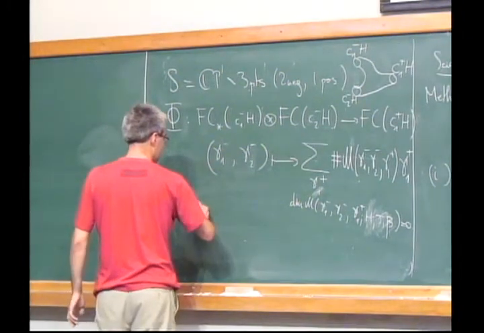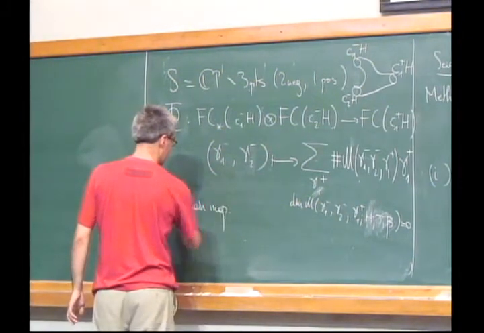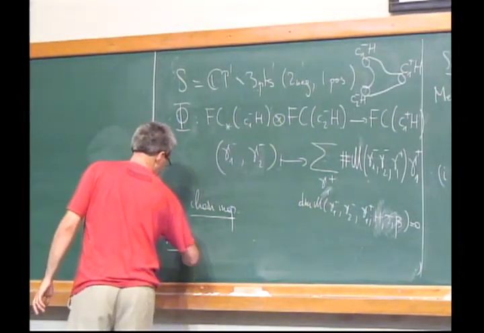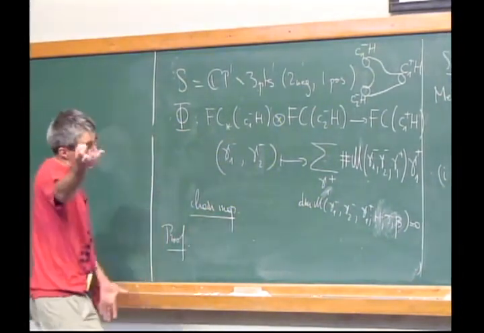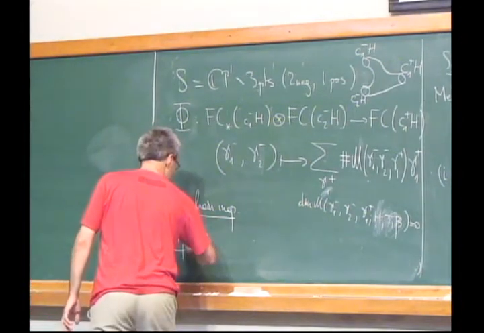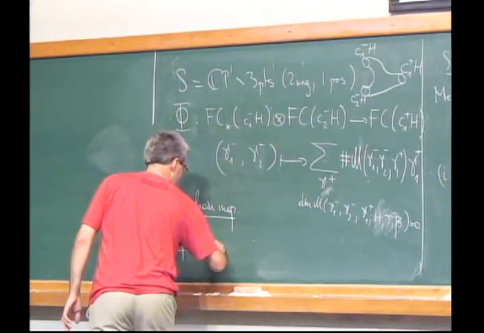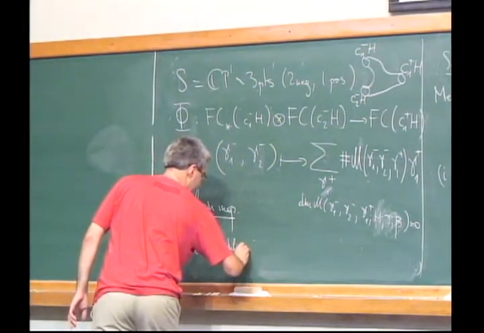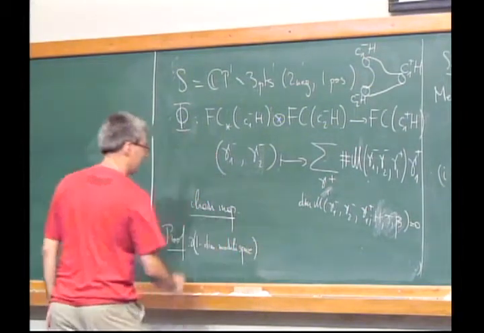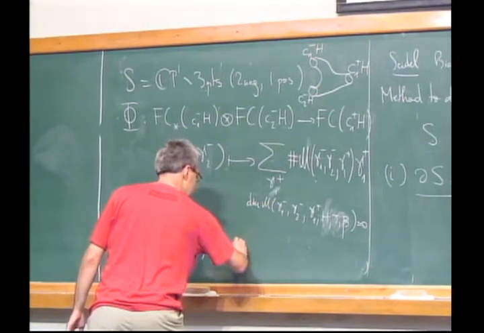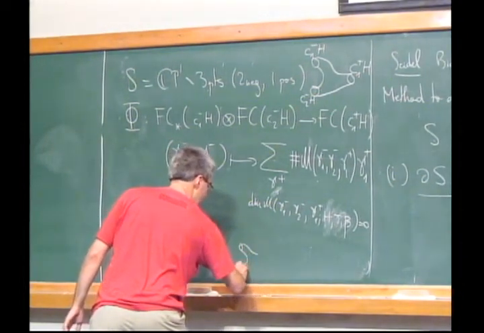So why is it a chain map? Well, as in the case of Floer homology, we look at the boundary of the one-dimensional moduli space. So what am I looking at? I'm looking at a one-dimensional moduli space of such objects.